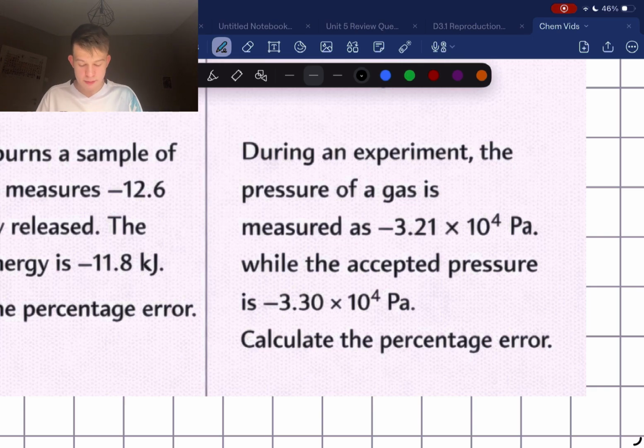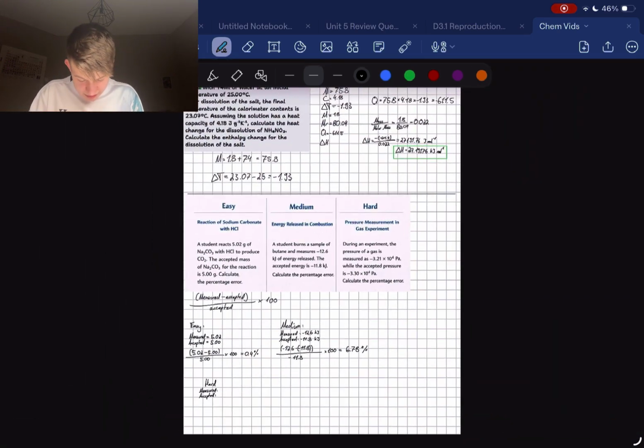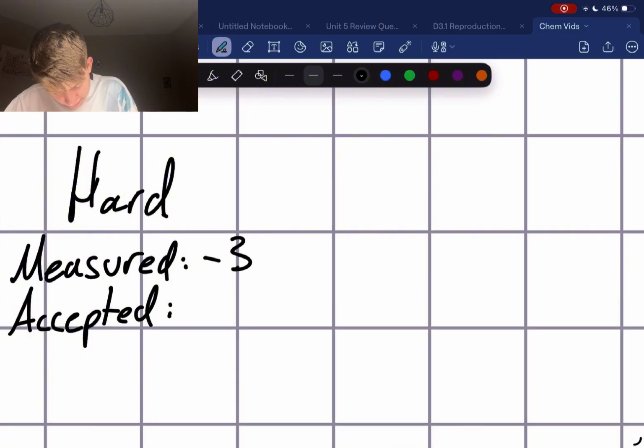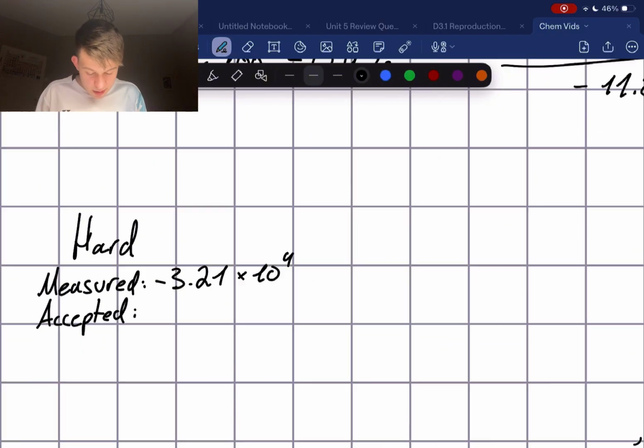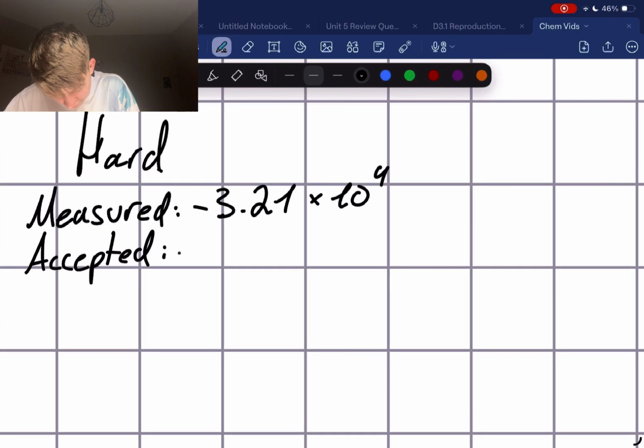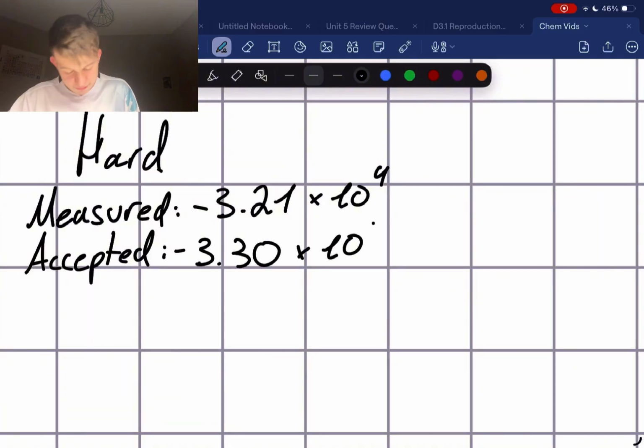Calculate the percentage error. So we know our measured one is negative 3.21 times 10^4, and the accepted one is negative 3.30 times 10^4.